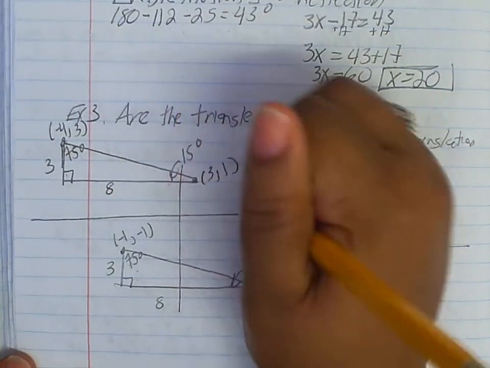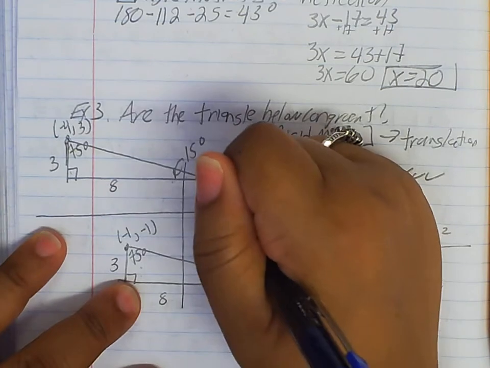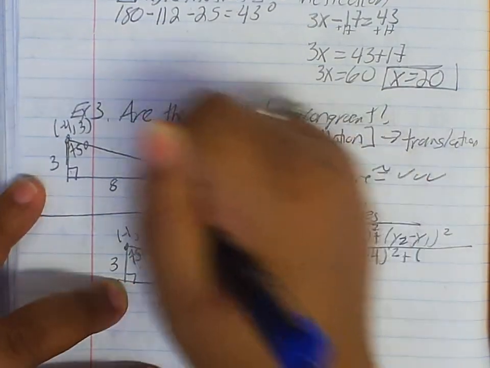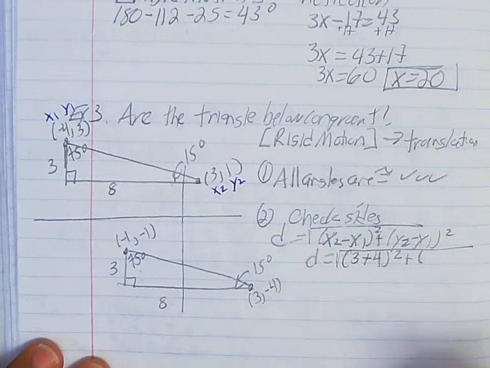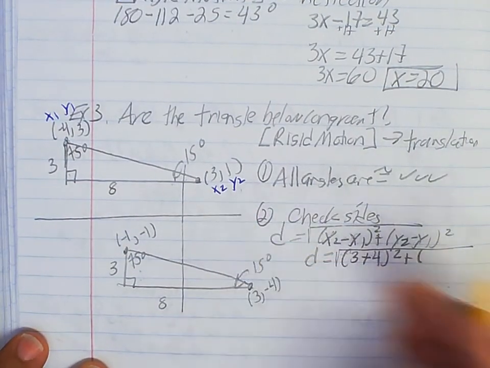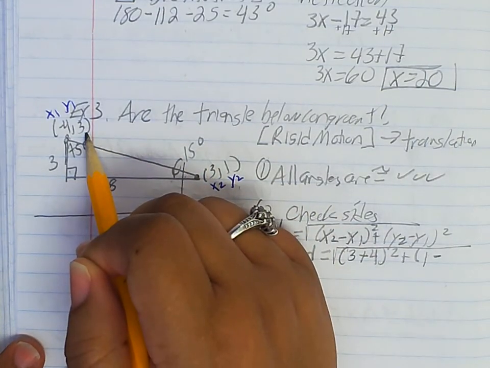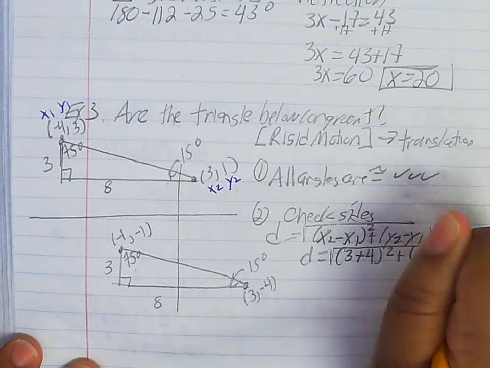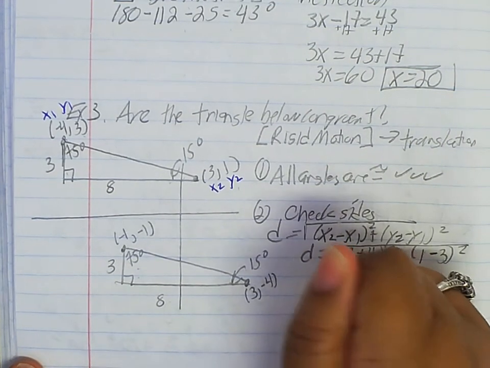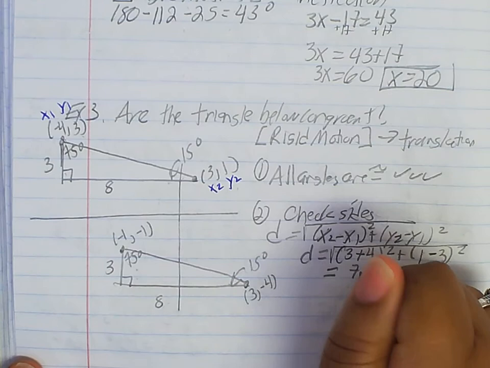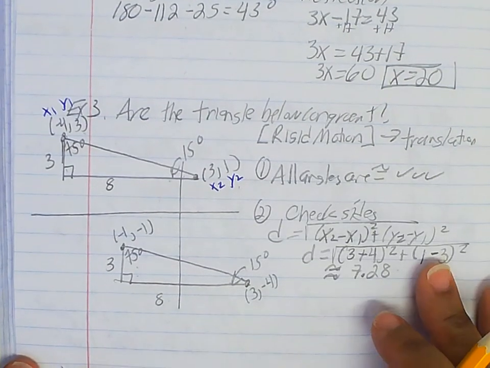Sorry, I didn't label, so if you want to label it, let's see if I can get a pen here. So it can stand out a little bit more. So then I go to my y2 value, which is 1, put my minus, then I go to y1, which is 3. And this time you guys can just type this directly and just give me your decimal answer. And that goes into the calculator to give you about 7.28. It should say about, because it's not going to write all the decimals.